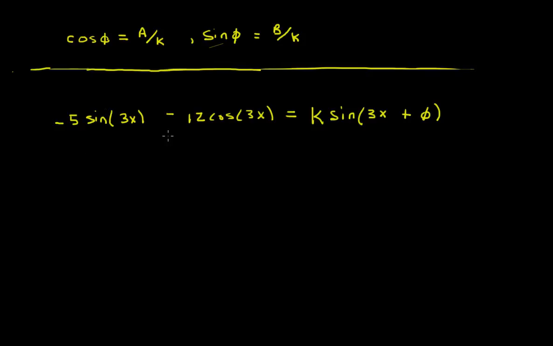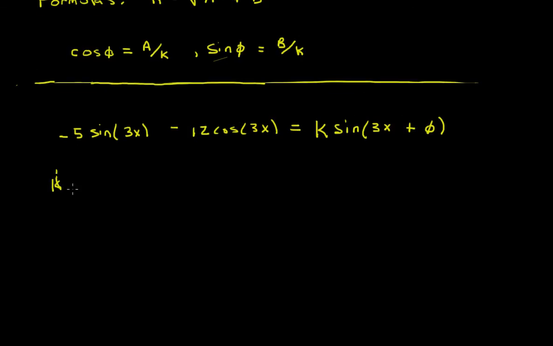Well, I hope by now you recognize that the amplitude k will still be 13 since we're summing the squares, and squaring preserves signs. So k is still 13, the square root of 5 squared plus 12 squared.